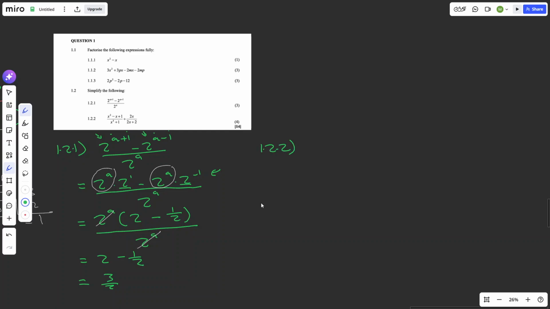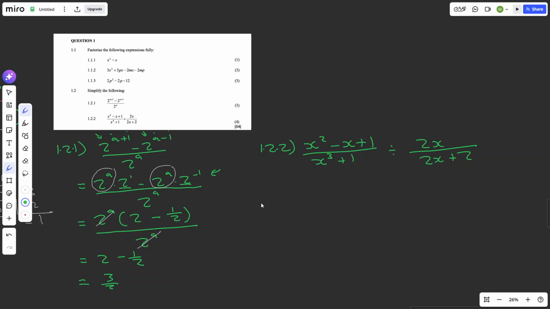So now with the last question, we have x squared minus x plus 1, and that we divide by x cubed plus 1 divided by 2x divided by 2x plus 2.